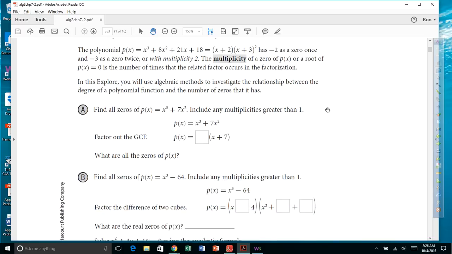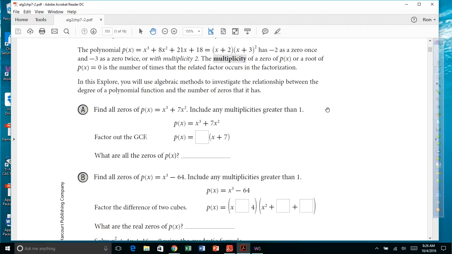The polynomial p of x equals x cubed plus 8x squared plus 21x plus 18 equals x plus 2 times x plus 3 to the second power has negative 2 as a zero once and negative 3 as a zero twice, or with multiplicity 2.